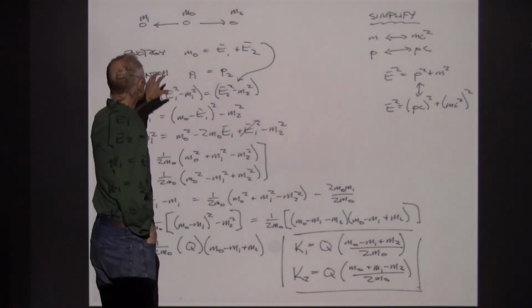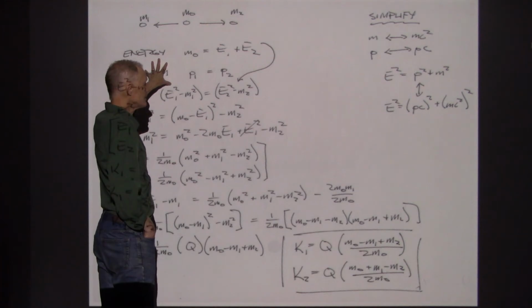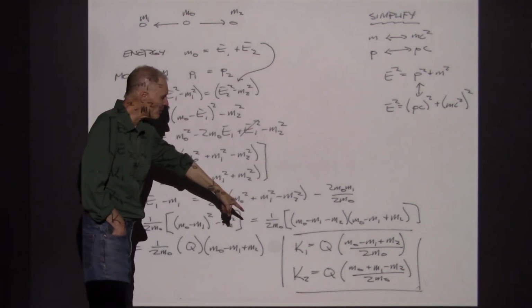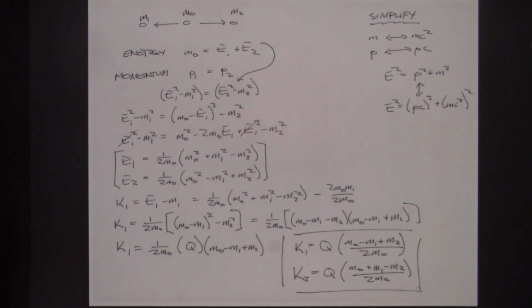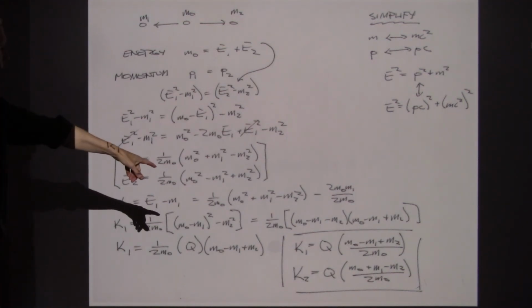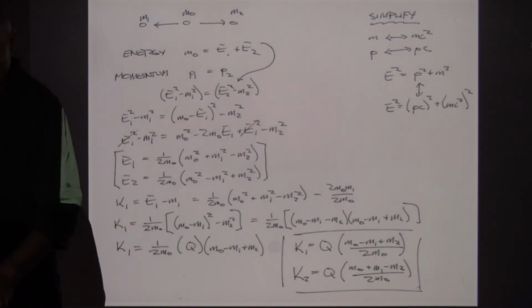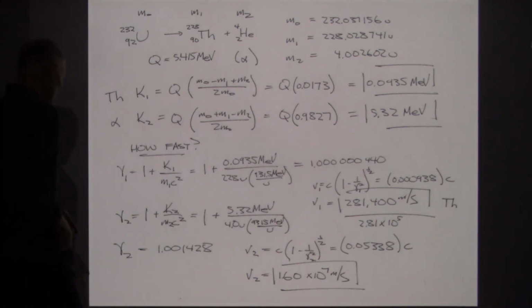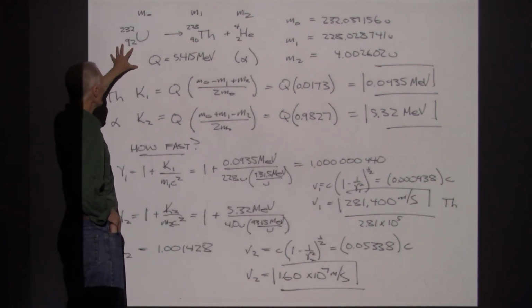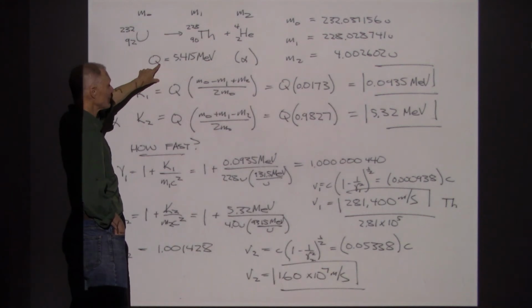But at the end of the day, we can use relativity to show that this is how the kinetic energies are going to get divided up. So particle 1 will acquire a certain fraction of Q, and particle 2 will acquire a certain fraction, and that's how it divides up. So let's go back and look at the reaction at hand. This was the reaction we were looking at. This is the Q that we've calculated.